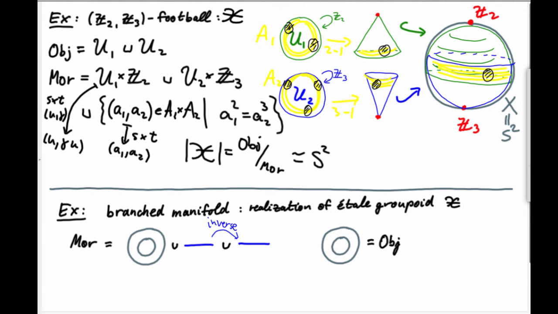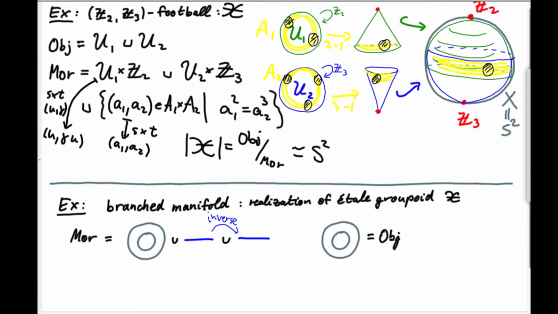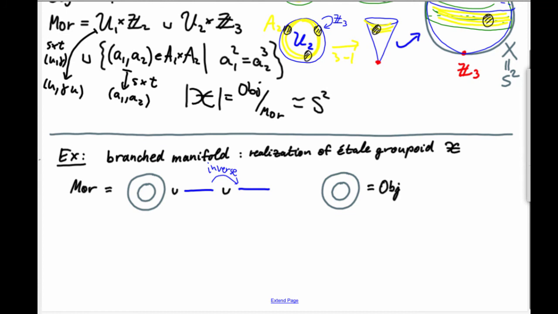Good. So let's see what happens when we drop the assumption of properness. What if we just take an étale groupoid? The easiest example I know of is: my object space is two circles, disjoint. That means my morphism space had better have some identities.